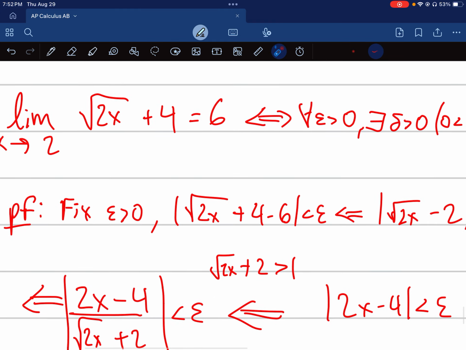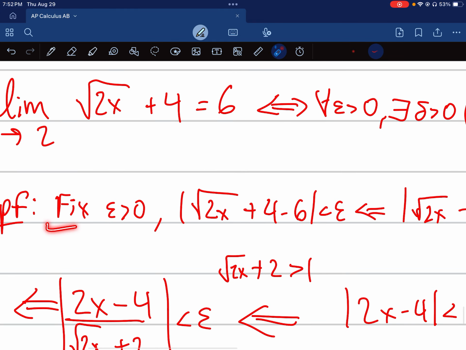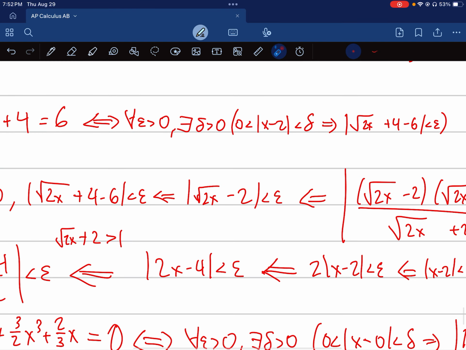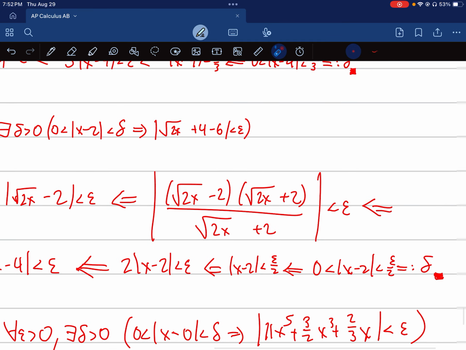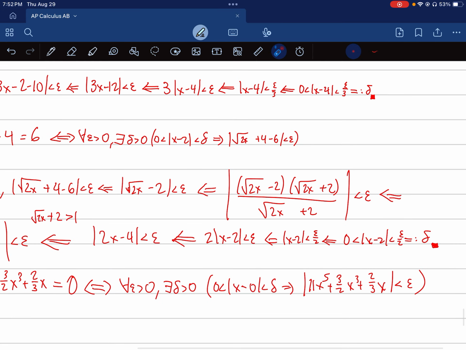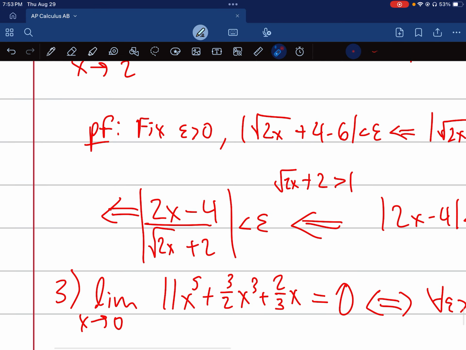I won't talk too much through this because I'll just show you through the math. Fix epsilon greater than 0. The absolute value of f of x minus L is less than epsilon, which is implied by, we'll do the 4 minus 6 minus 2, which is implied by, we're going to multiply by the complex conjugate. This is a difference of squares, so this is implied by 2x minus 4.